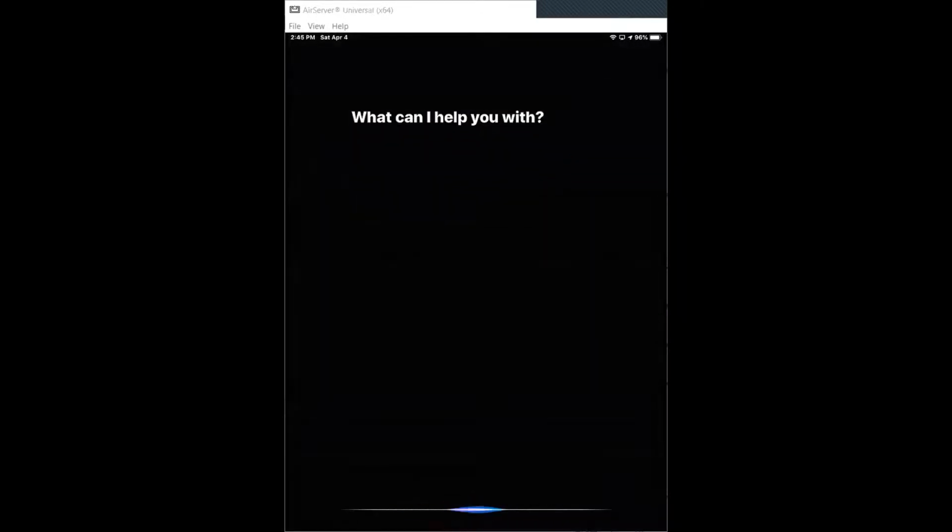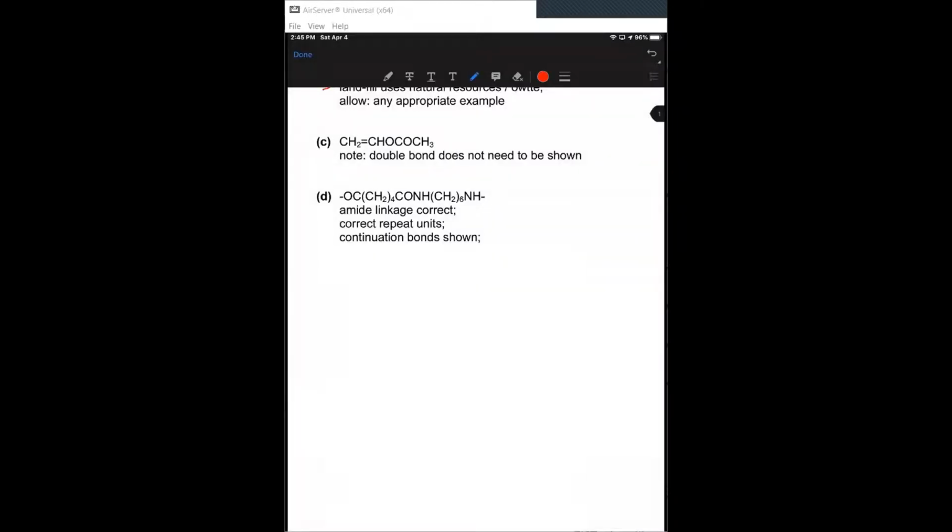So that means the base 2 carbon has a carbon-carbon double bond, and everything else will be mentioned. You can write the structure in this manner as well: carbon-carbon double bond, hydrogen on the first carbon, one hydrogen on top, the other one O, CO, CH3. This way also you can mention the answer.